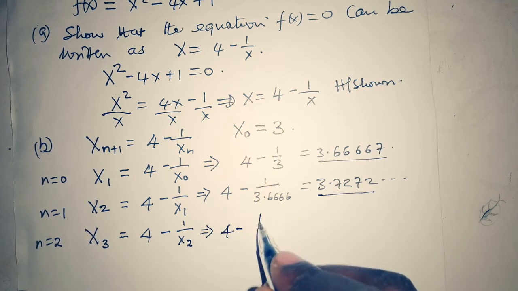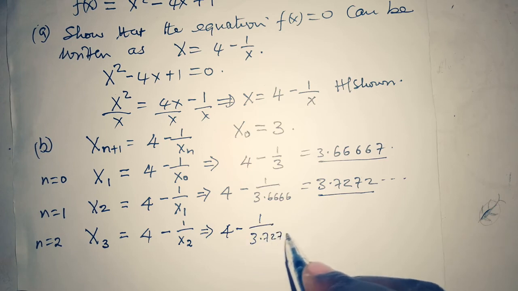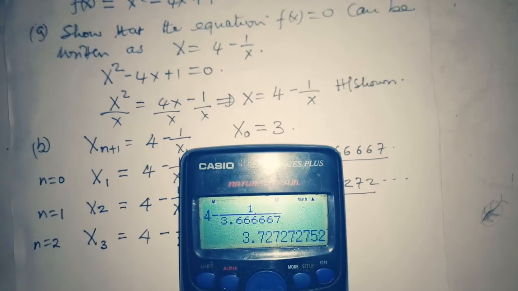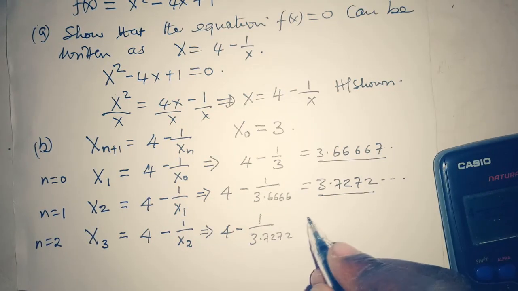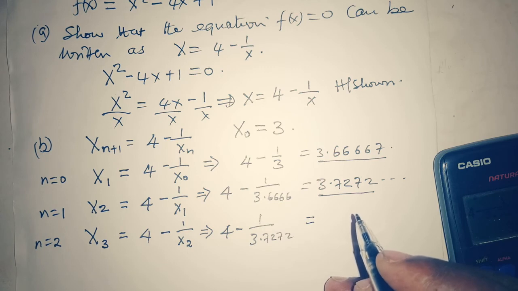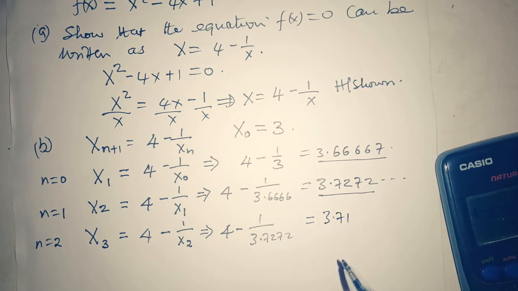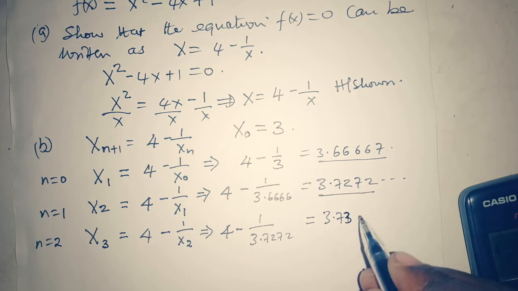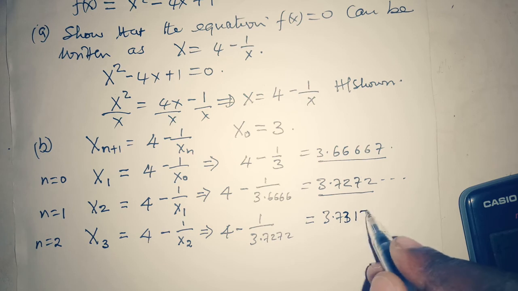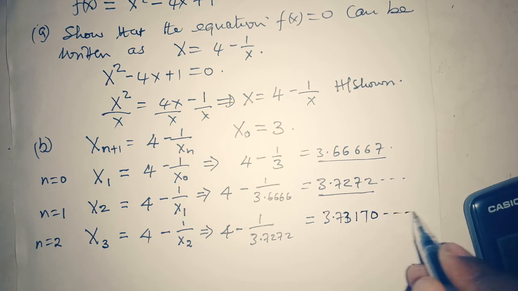So 4 minus 1 over 3.7272 gives us 3.7317, moving forward.